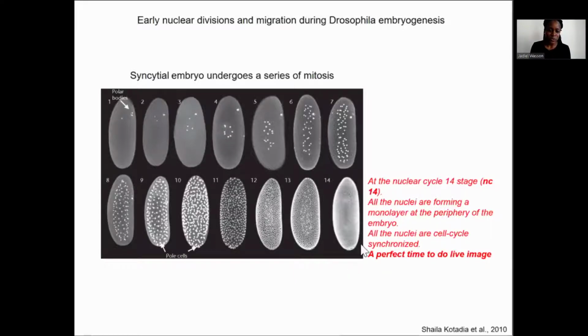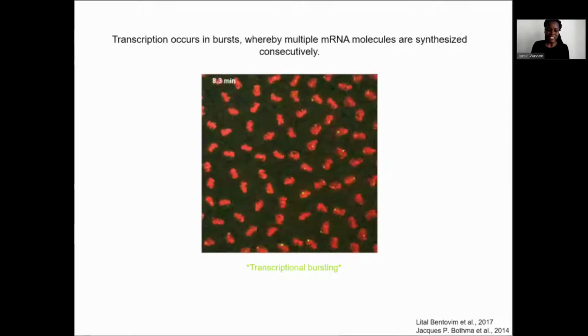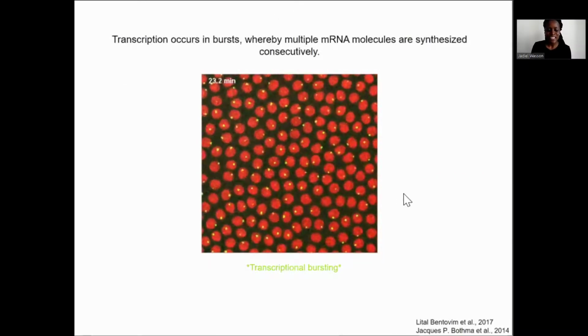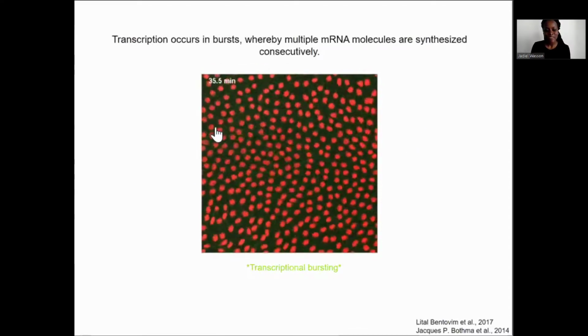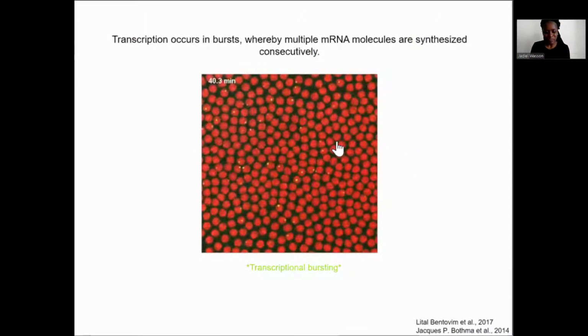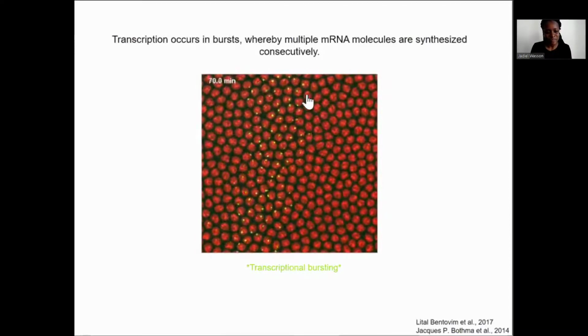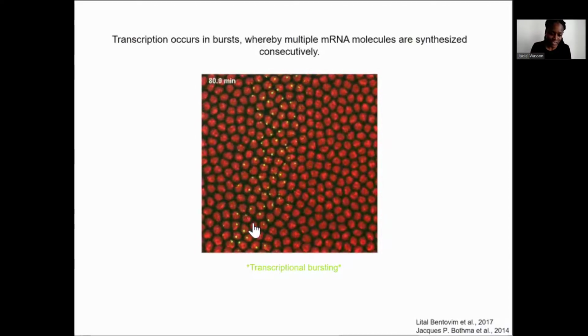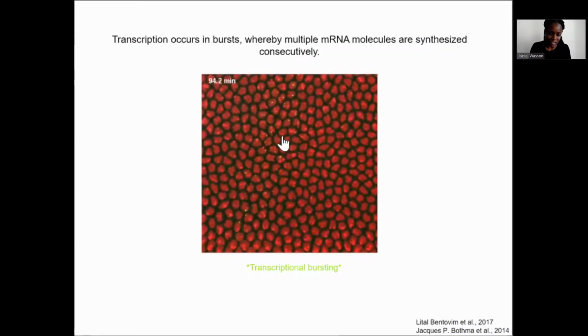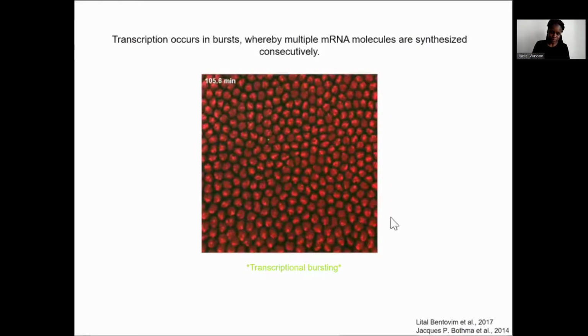So this is probably the best time to do live imaging. They did live imaging, and one of the things that you can see is that during this time in development, the embryos have a very synchronized way of expressing, but yet you can see these bursts of transcription occurring, as indicated by these green dots.